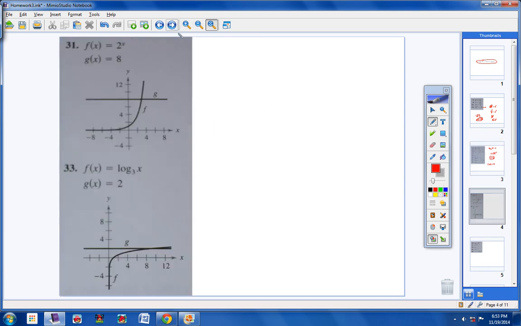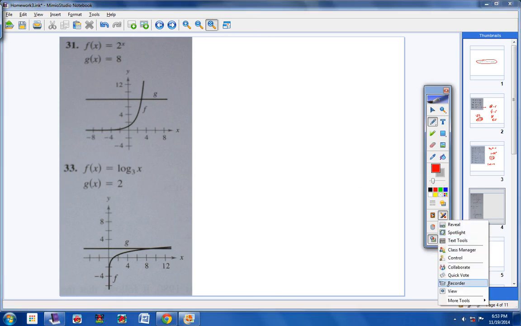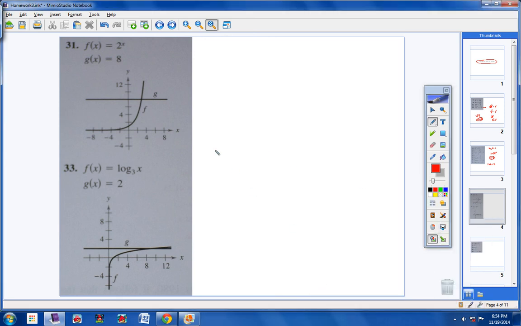Okay, moving on. Now let's see what the directions say for this problem. Okay, students, on number 31, what they want us to do is approximate the x answer here by estimating the answer right here. So that ordered pair where the two graphs intersect would be 3, 5.